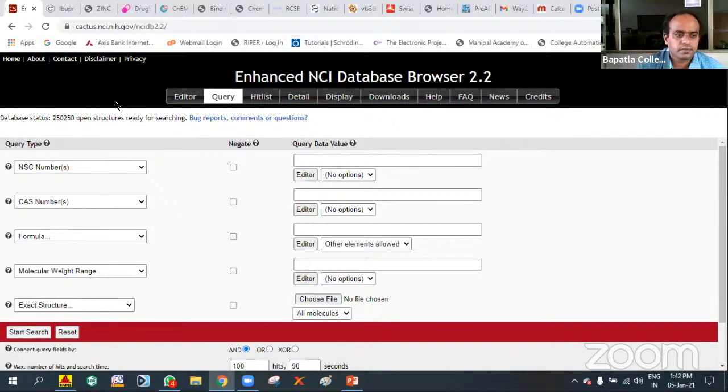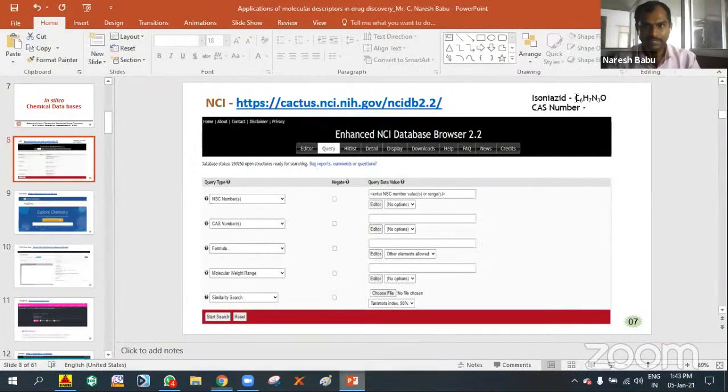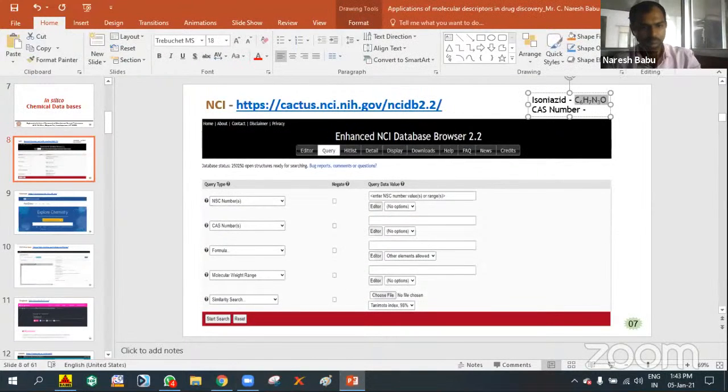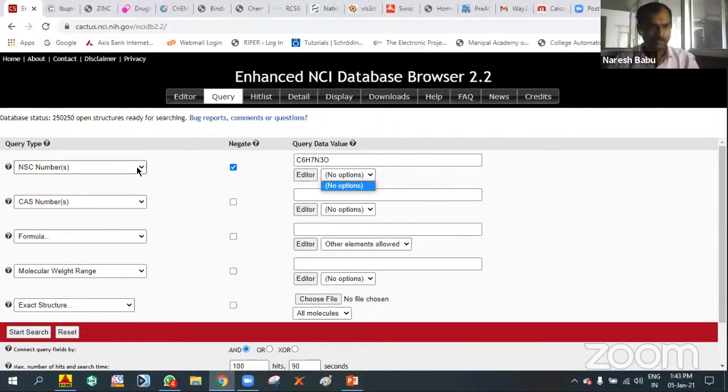Okay, sir. This website is the NCI database browser. In this browser, we can find similar structures. I am taking a simple example by giving the formula of isoniazid. I select the formula option and specify no other elements.